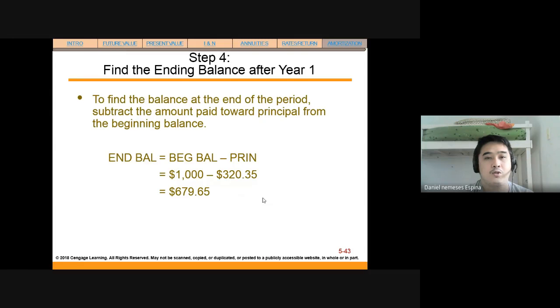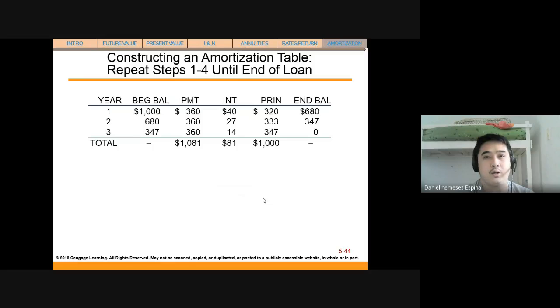So here is the amortization table. So beginning balance, di ba? Borrow ka 1,000. Each year you will pay approximately, or giround off na ni siya to 360, but your exact payment is 360.35.